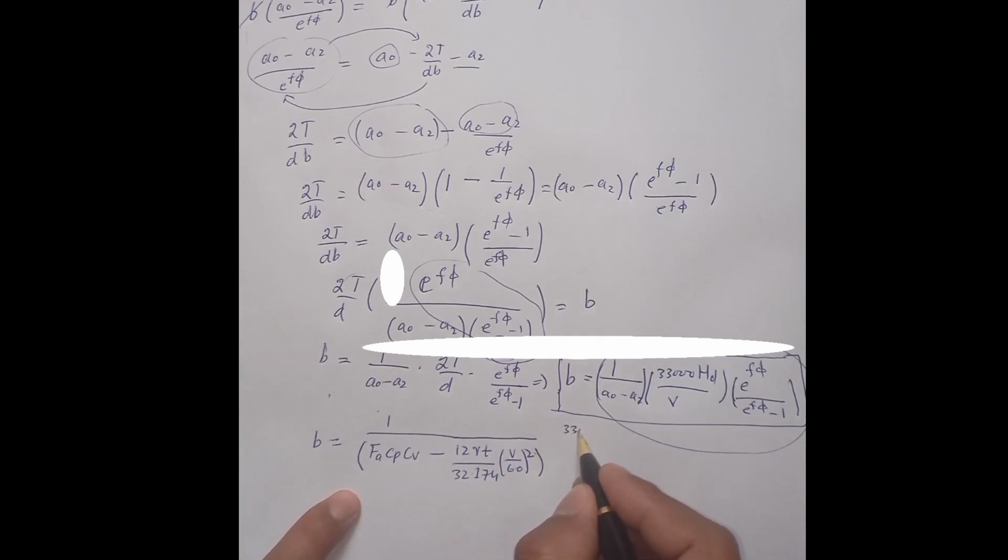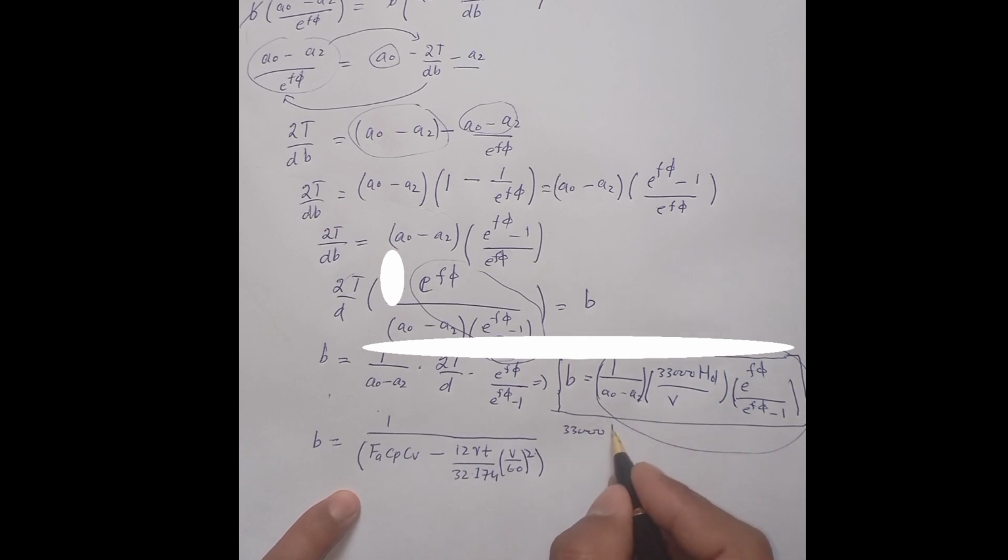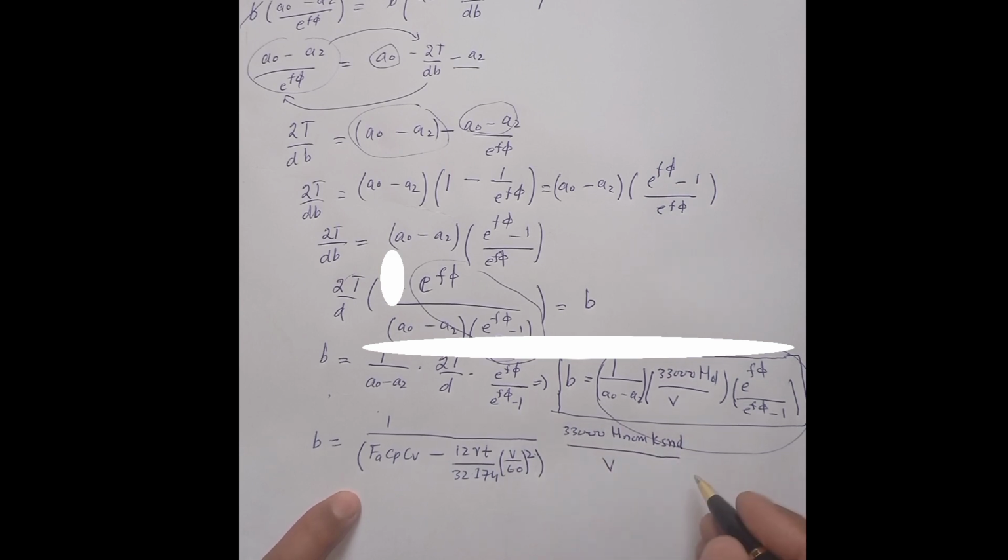Then into 33,000, and instead of H d, you can put H nominal Ks nd, divided by velocity V, into e to the power f phi divided by e to the power f phi minus 1. So this will be the formula that is going to be used to find the width of the belt, which is later on going to be used in the problems.